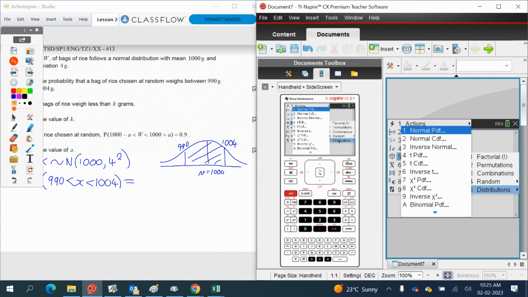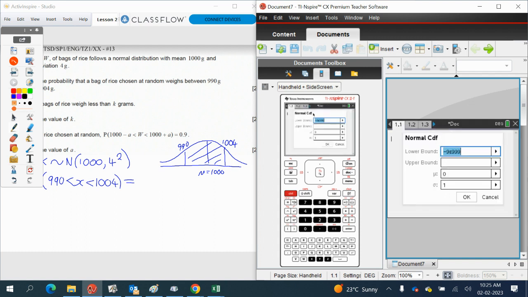You're going to use number 2 or number 3. Normal distribution or inverse. If you're finding a probability, it is number 2, normal CDF. If you're finding an x value given a probability, then it's number 3, inverse normal. So we need normal CDF.